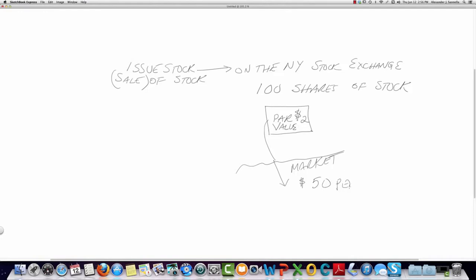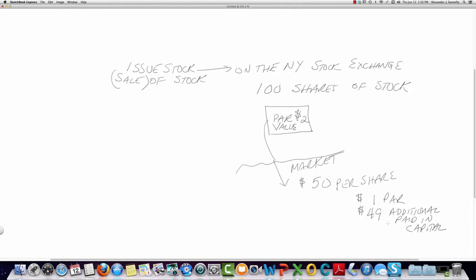If you sell the stock for $50 per share, that means that for every share of stock that you sell, you're going to have $1 is par and $49 is additional paid-in capital, or paid-in capital in excess of par value.